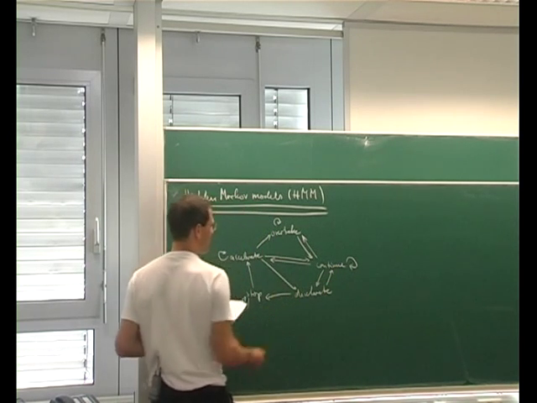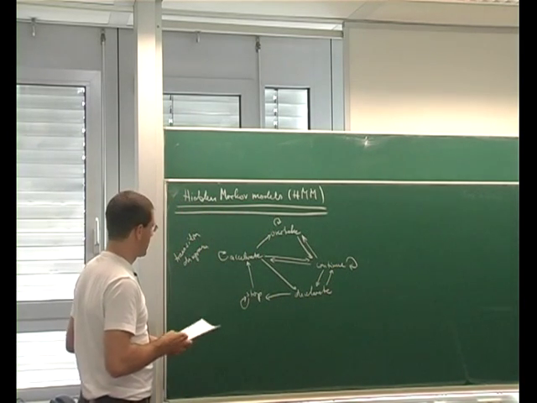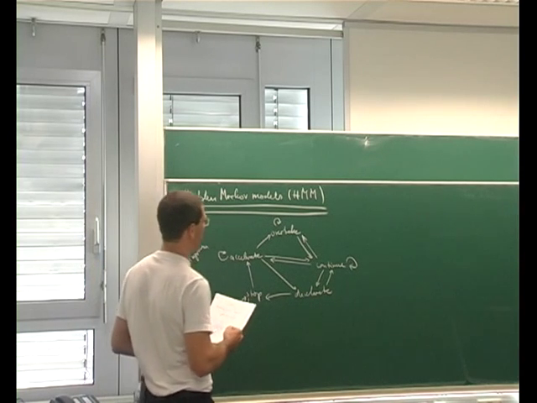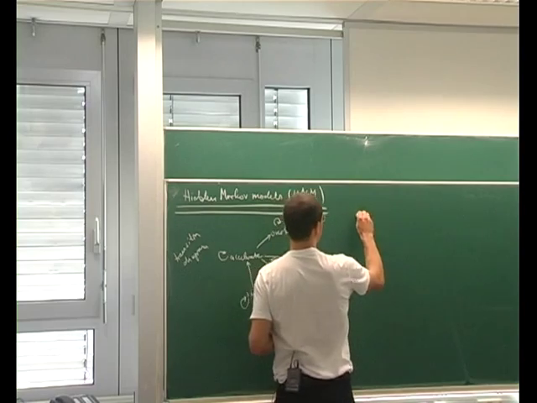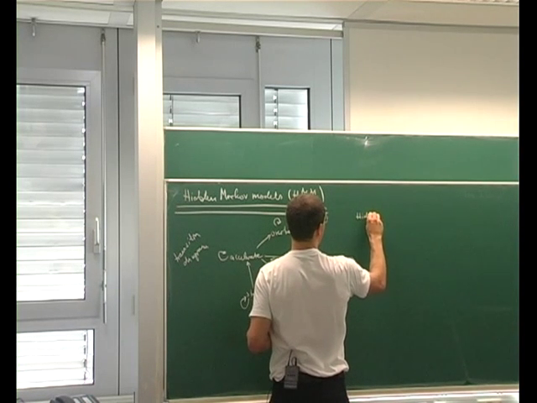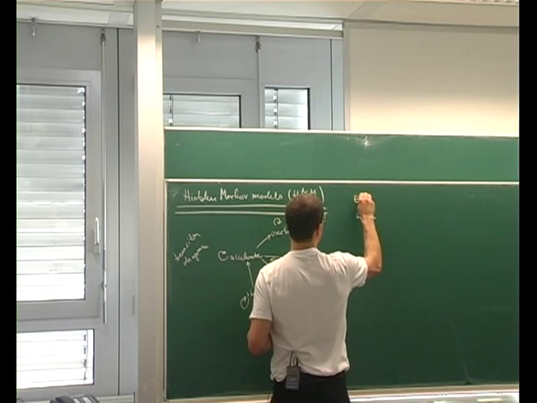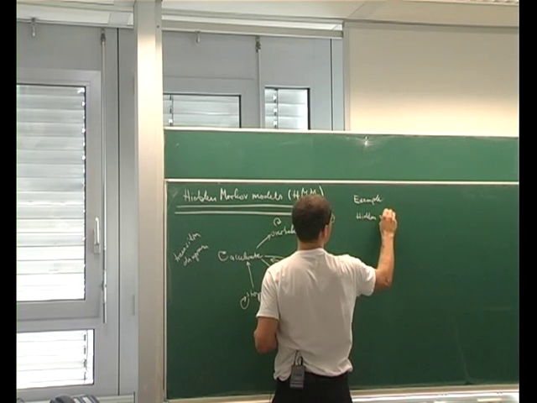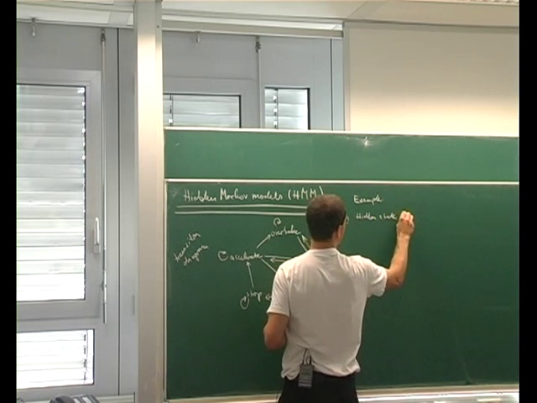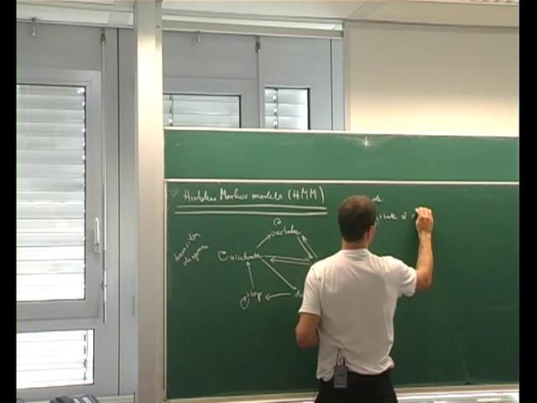Once you've reached your target speed, you might want to continue. So that would be a transition diagram where, in this case here, the hidden state would be the driver intention.